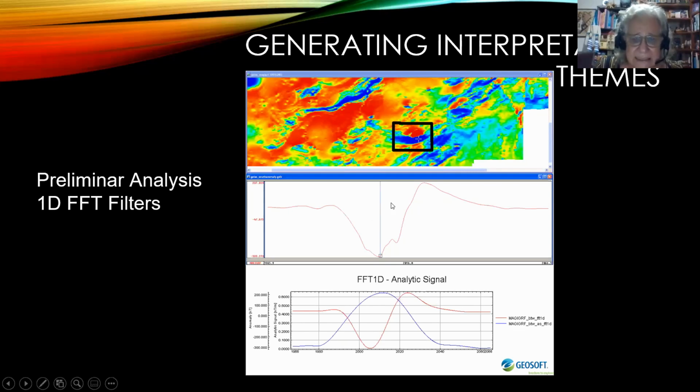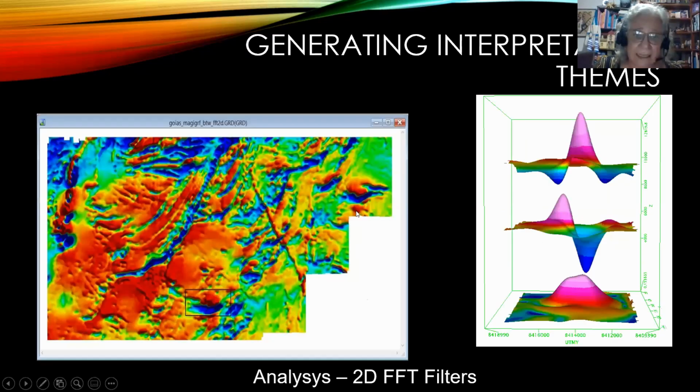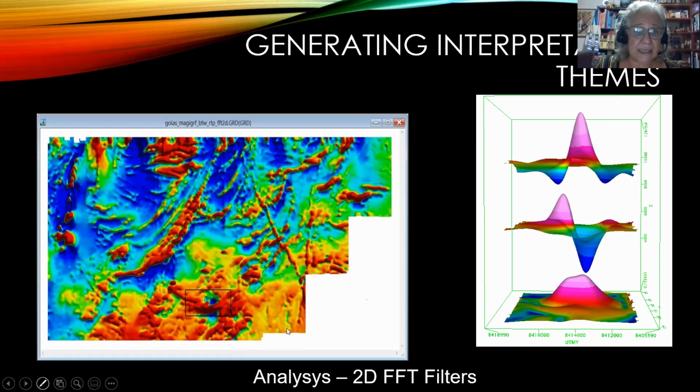The analytic signal will put everything in positive, so it's very easy to interpret, especially in low latitude areas where the RTP filter doesn't work really well. You use the analytic signal to interpret your data, and then you can also work with the FFT filters, generating a lot of interpretation.